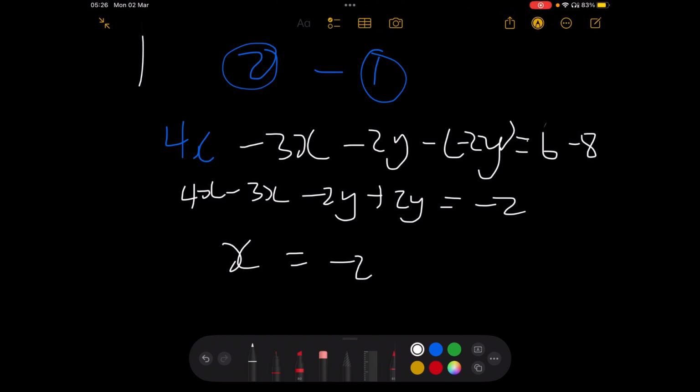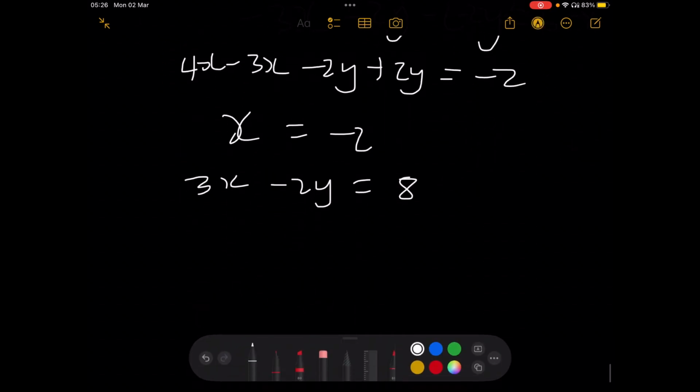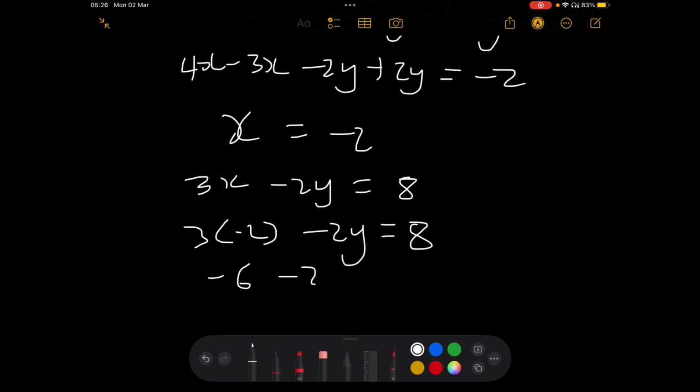And we can now use one of the equations. Maybe equation 1, say 3x minus 2y is equal to 8. Now that x is equal to negative 2, substitute it here: 3 times negative 2 minus 2y equals 8. So it's negative 6 minus 2y equal to 8.